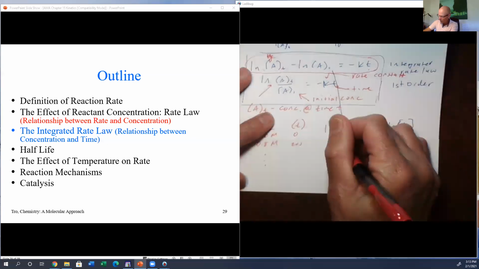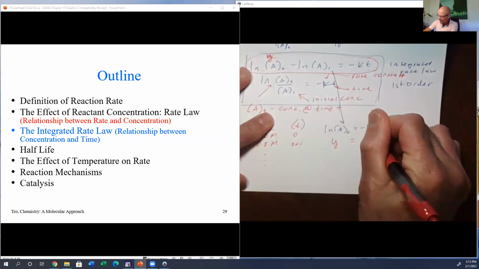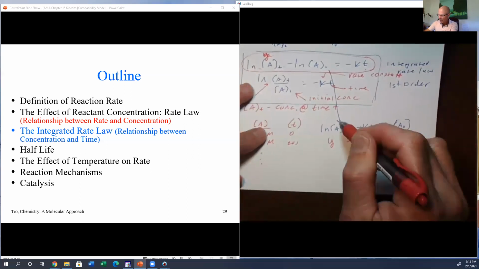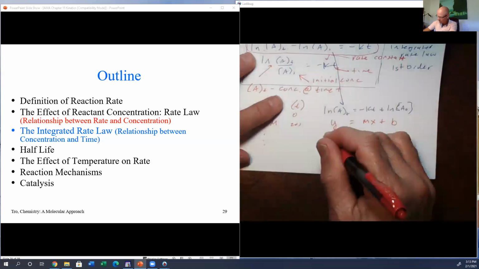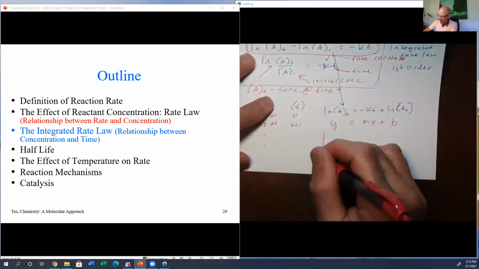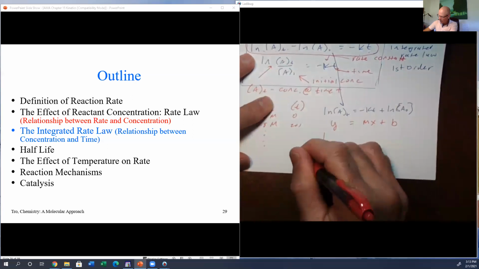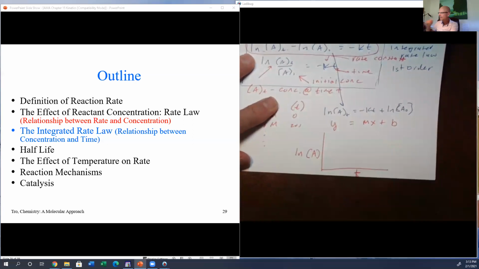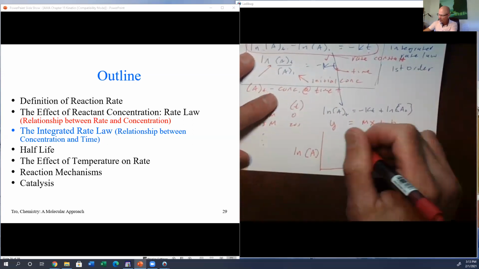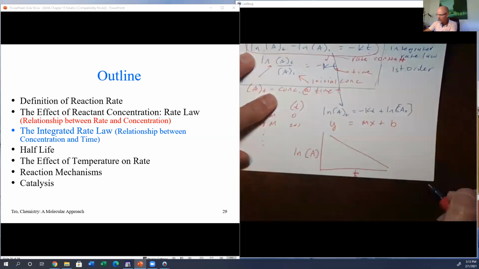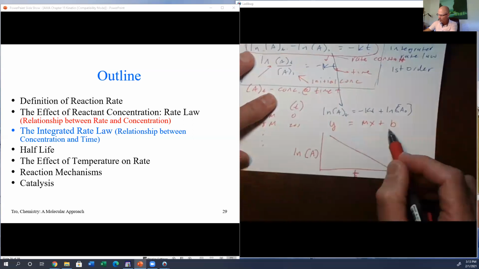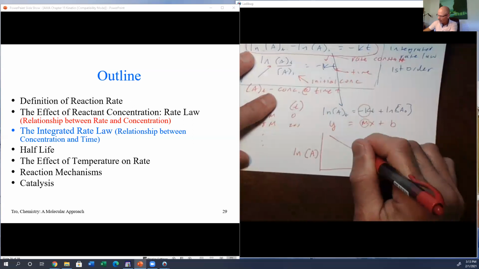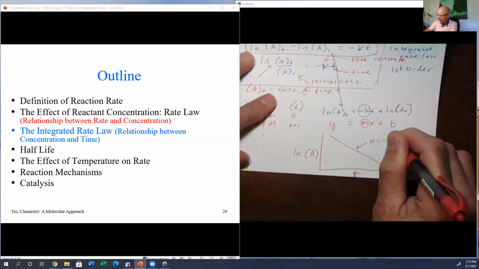And I have an equation that looks like y is equal to mx plus b. In other words, if I make a plot of log of A versus time, this is telling me that this is going to produce a straight line, right? y is equal to mx plus b. Here's the slope.